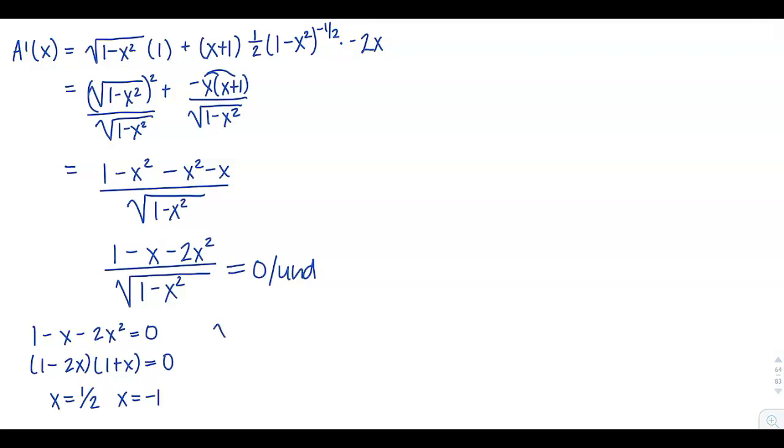And then we'll set the denominator, radical 1 minus x squared, equal to 0. So that's just 1 minus x squared equals 0. And that gives me x equals both positive 1 and negative 1. But negative 1 and positive 1 both don't work.